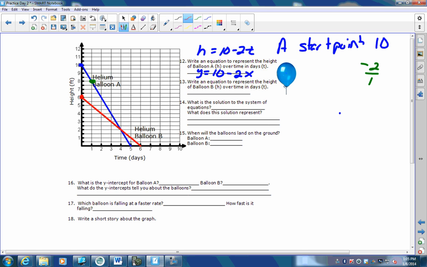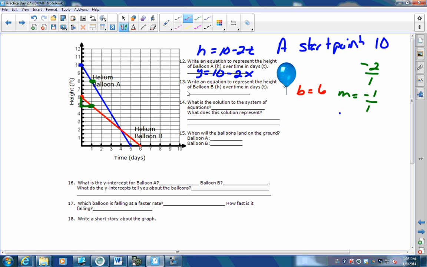Balloon B starts at 6. So my y-intercept is 6. Now my slope here, I'm going to go over here to 1. I go down to 5 and over 1. So my slope is negative 1 over 1.